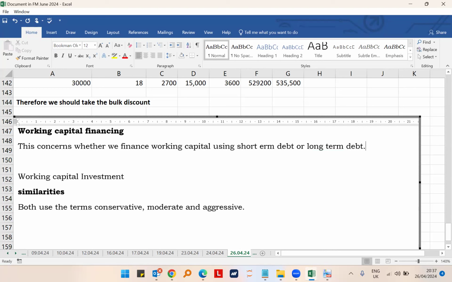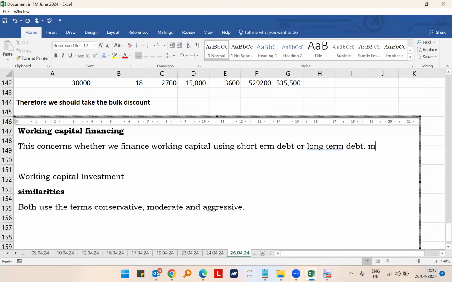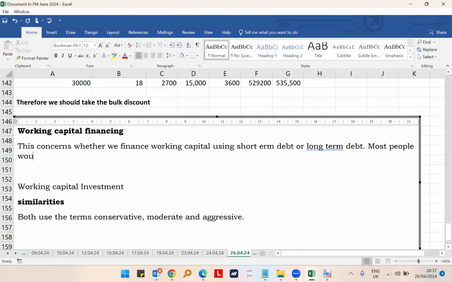Now, when it comes to financing, most people would want to finance working capital using short-term debt.